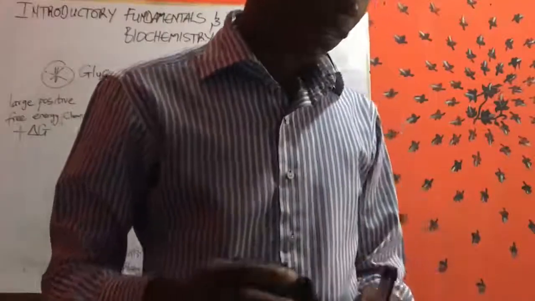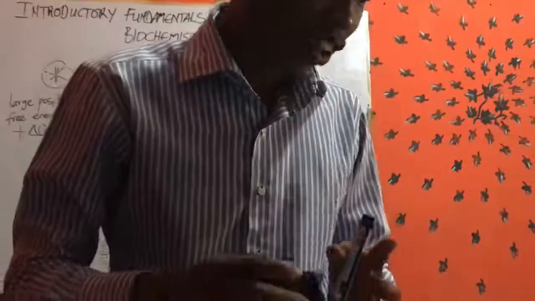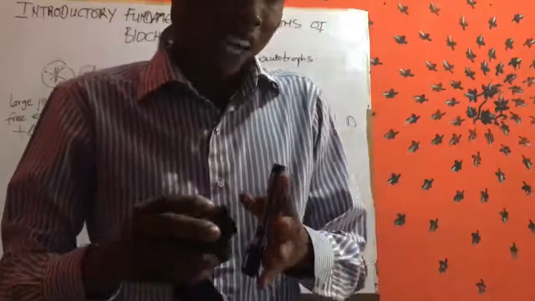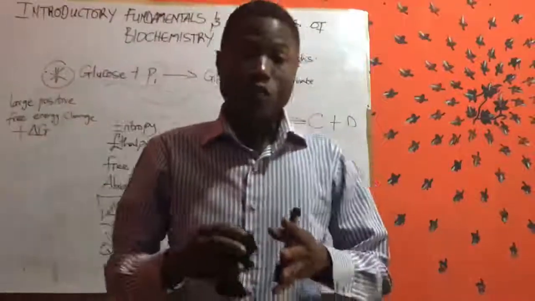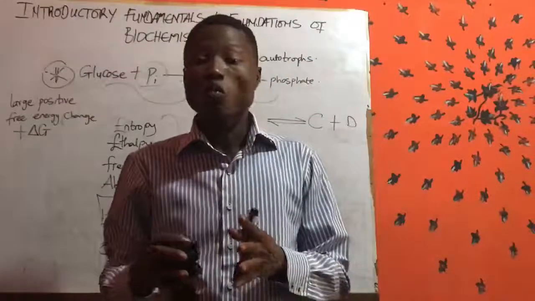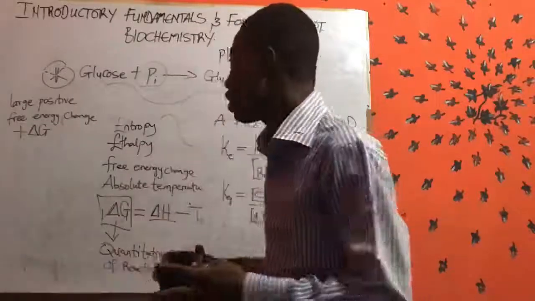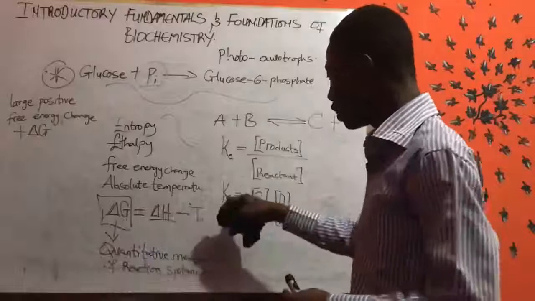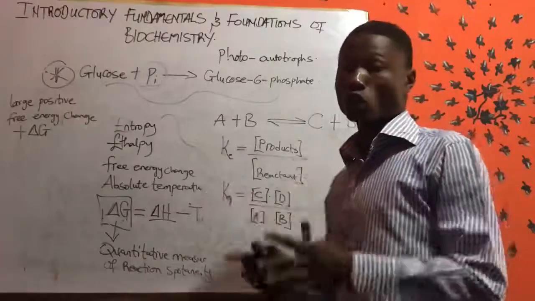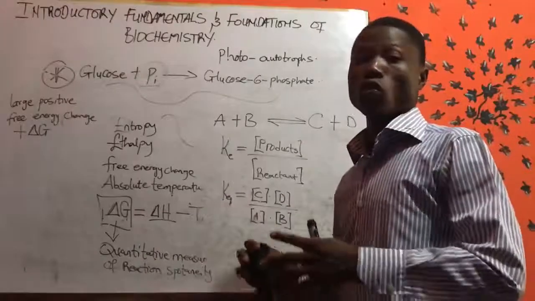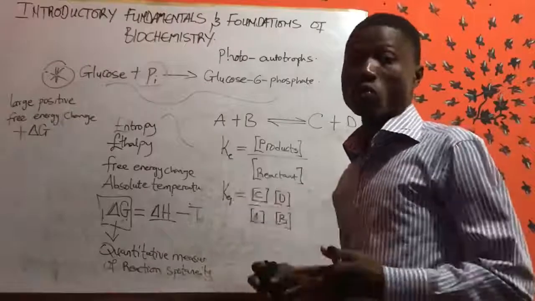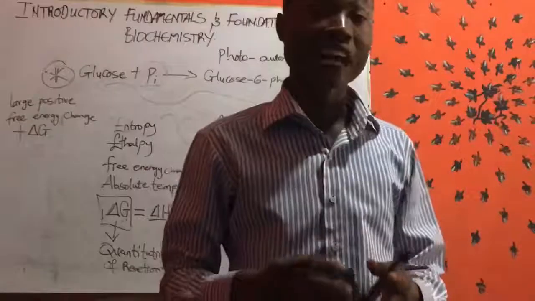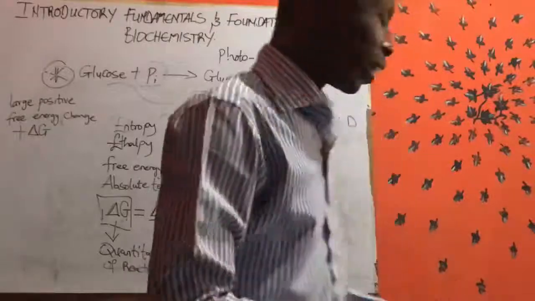Now your specific standard free energy change is a constant value specific for each reaction. So that's where you're talking about your specific free energy change. So let's relate this to this and look at the third way by which we can evaluate reaction spontaneity arithmetically, pardon me. Okay.